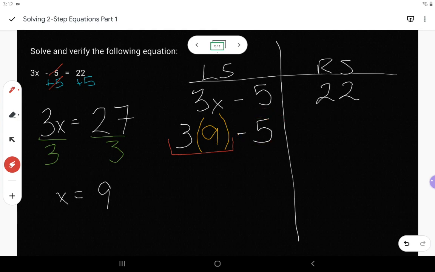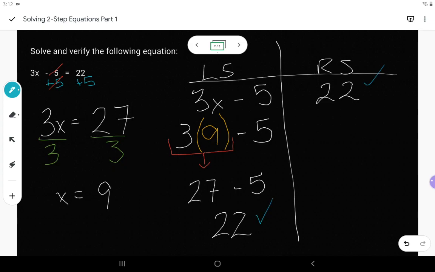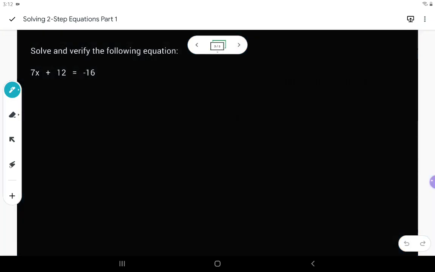Okay, so I'm going to do that multiplication first. 3 times 9 gives me 27. And then 27 minus 5 is 22. And that's great because it means I got the same thing on both sides. Okay, I want to show each side separately and show that they give the same thing.